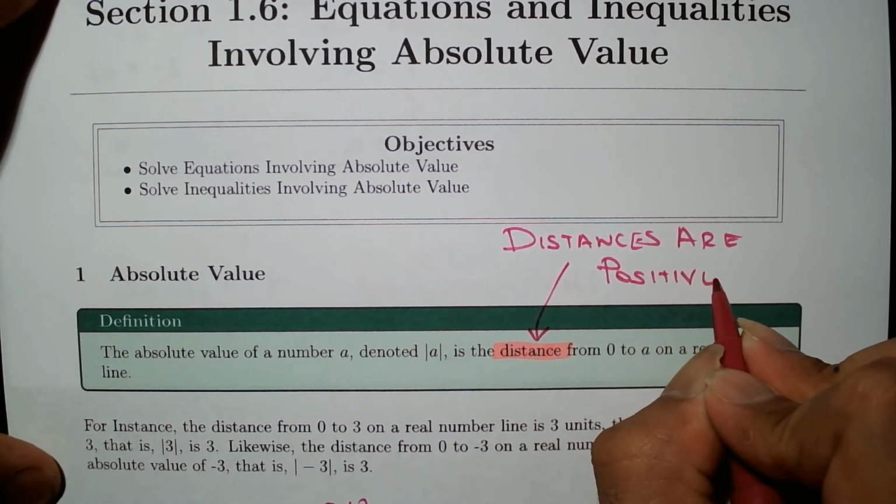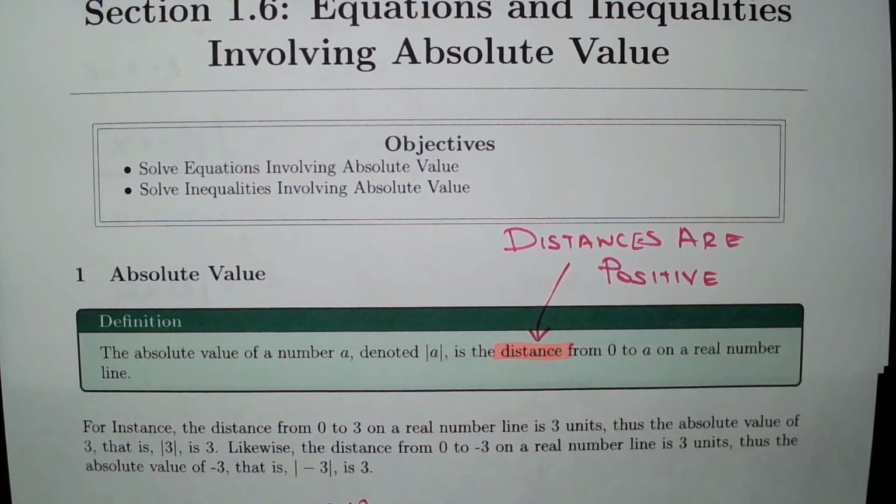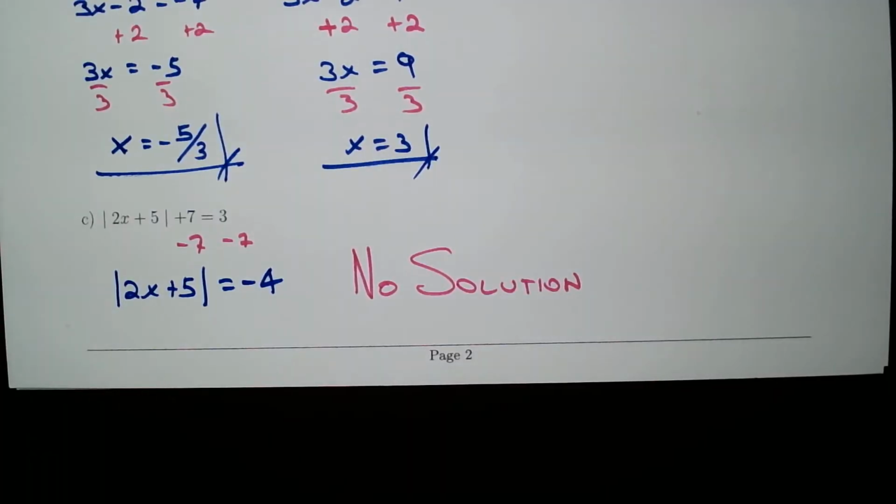Like we mentioned earlier, it doesn't matter if you move forward or backward, you are counting the number of steps that you move. When you walk backwards, you don't say, oh, I'm walking negative 3 steps or negative 10 steps. No, you're going backwards 10 steps, which is a positive number of steps.